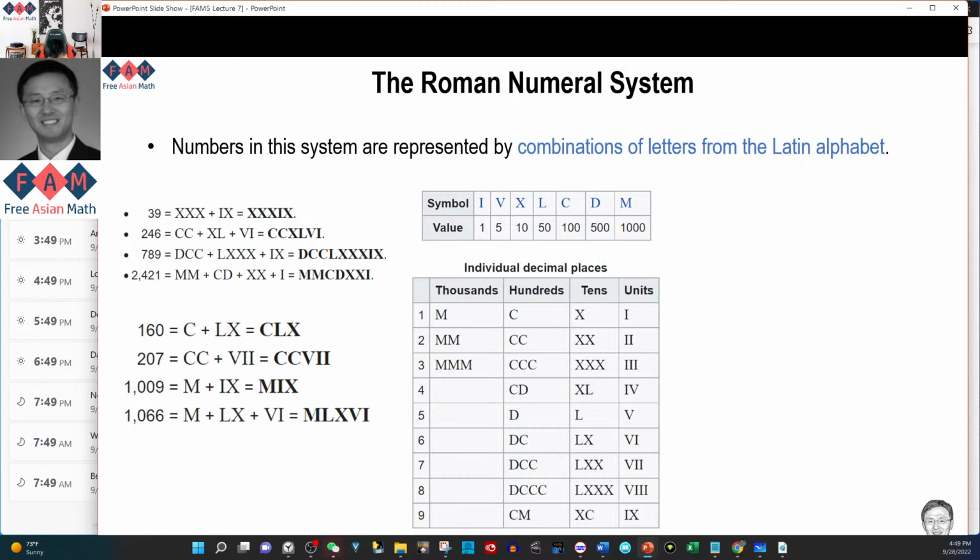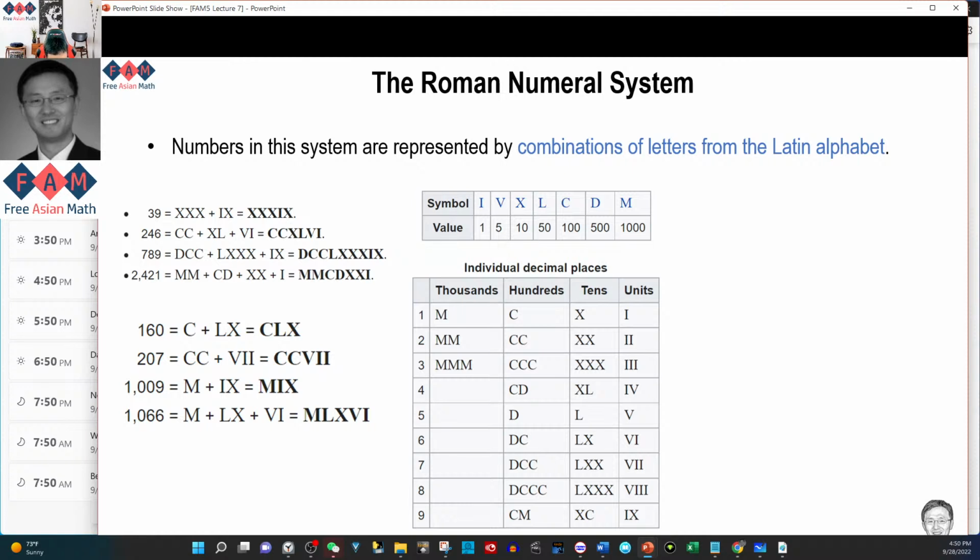Let's have a look. 39. The quickest way to get 39 is you first get 30, then get a 9, right? Because 30 and 9 were already defined in this symbol table, 39 is represented as XXXIX.